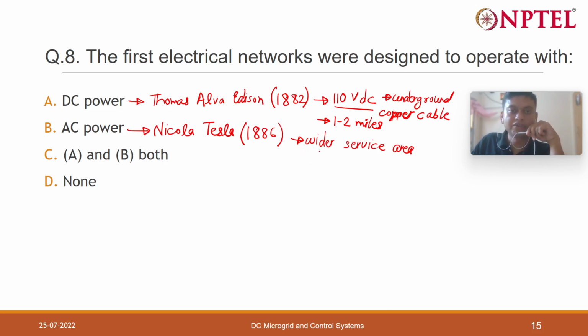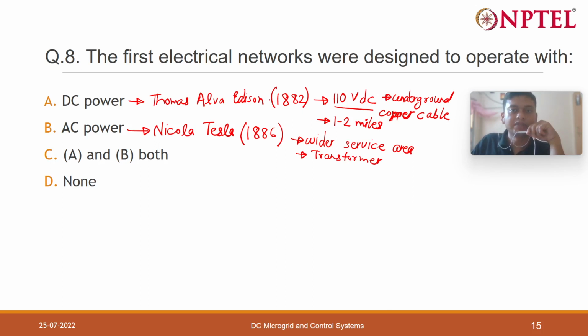Why? They used transformers, but in DC they couldn't use transformers at that time. So they converted the electrical power to a higher voltage using a transformer, reduced the losses, and transmitted it over a wider service area.